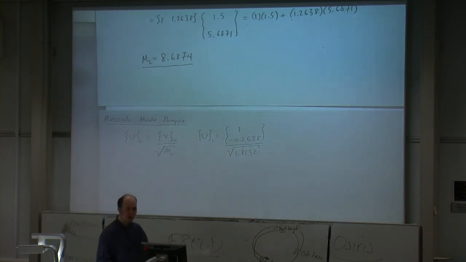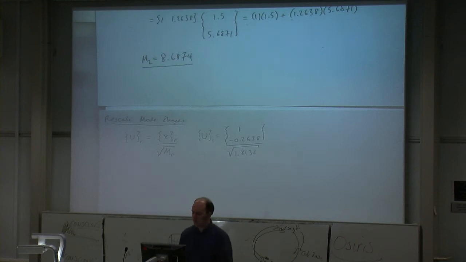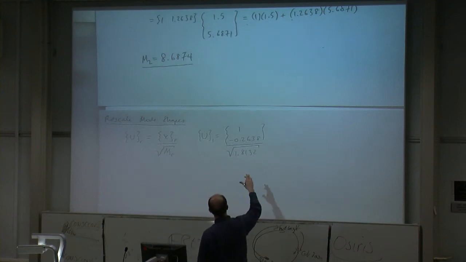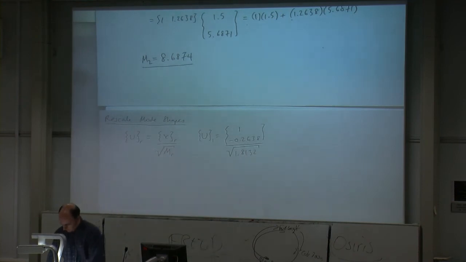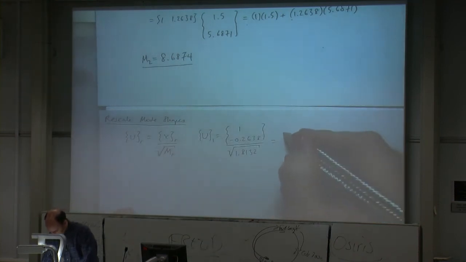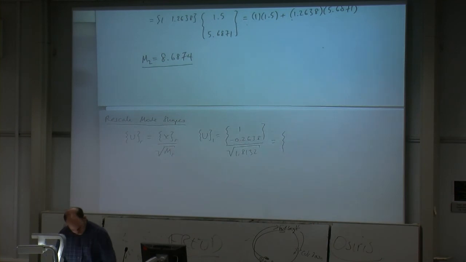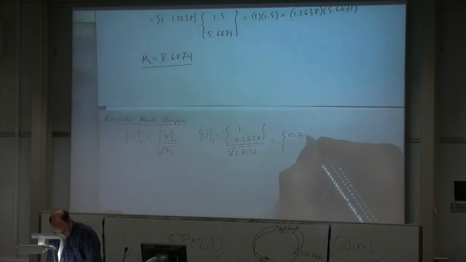So you do 1 divided by the square root of 1.8132, and you do minus 0.2638 divided by the square root of 0.8132. And so U1 becomes 0.7426 and minus 0.1959.